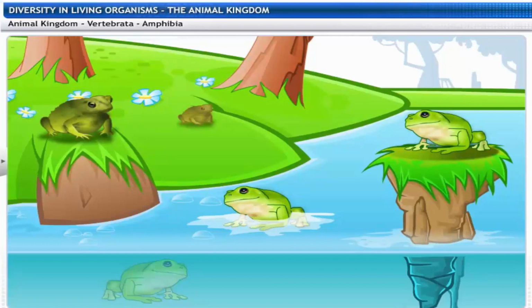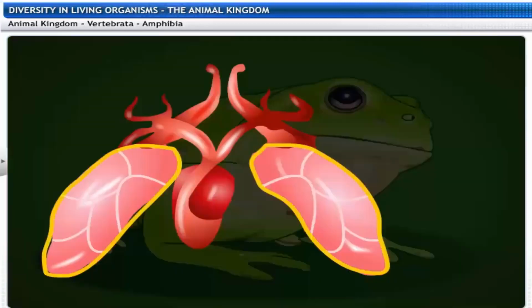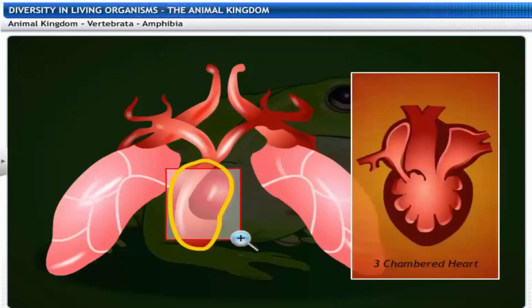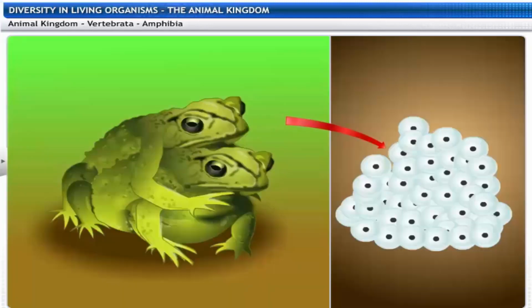Amphibians are seen both on land and in the water. All amphibians have mucus glands on their skin, and they do not have scales. Amphibians breathe through gills or lungs, and their hearts are 3-chambered. Amphibians reproduce by laying eggs.